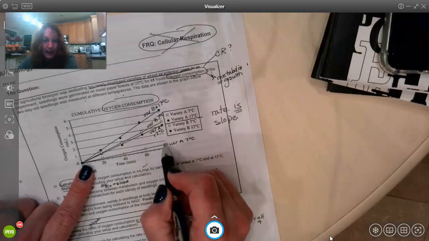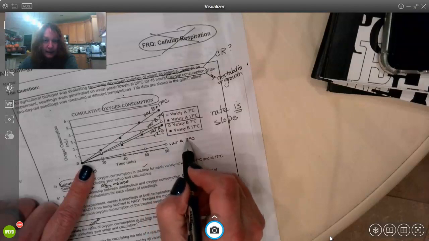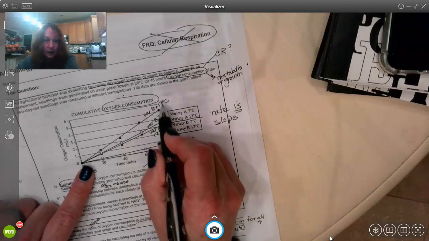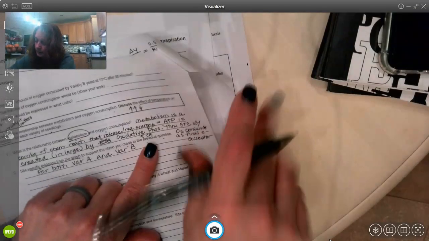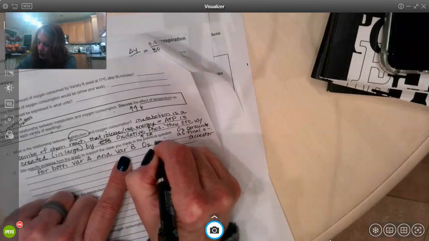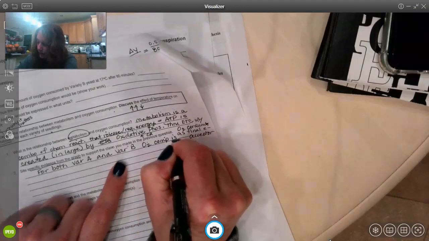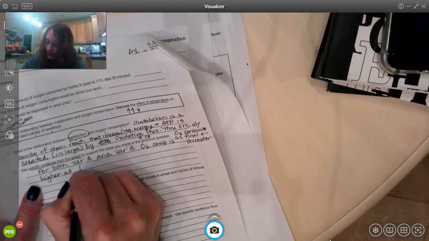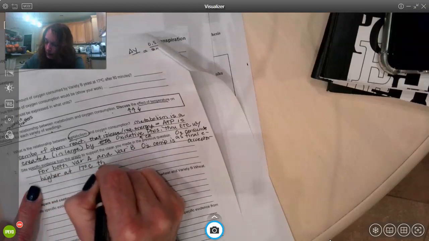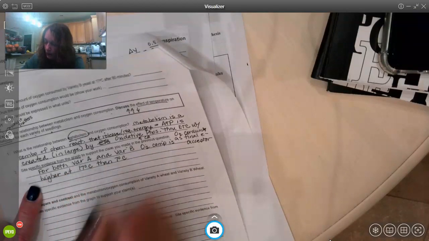So A is higher at 17 than at 7. B is higher at 17 than at 7. Okay, so that's what I'm going to say. Oxygen consumption is higher at 17 degrees than 7 degrees.